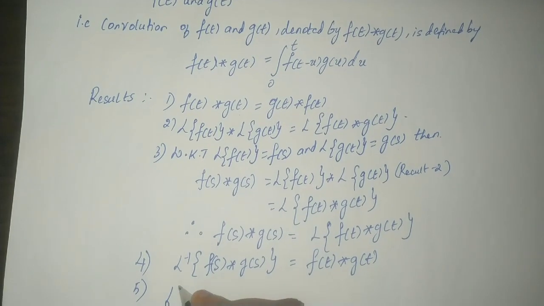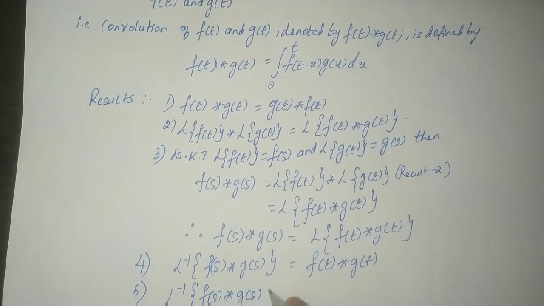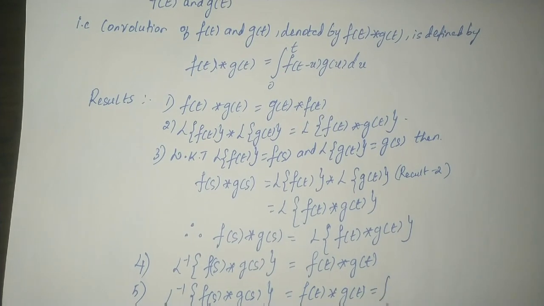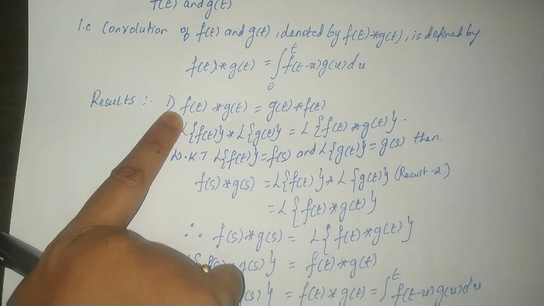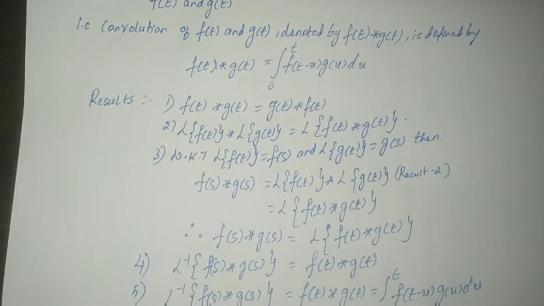So I can rewrite the formula, L inverse of f of s into g of s can also be written as integral 0 to t f of t minus u g of u du. You can also write this as integral 0 to t g of t minus u f of u du, because already we have stated f of t star g of t can be written as g of t star f of t.